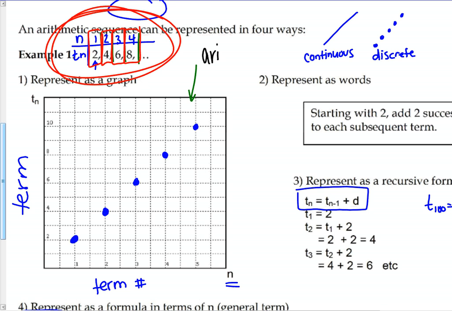Sorry, I lied about turning the page. You can write it on the next page too if you want. Arithmetic sequences are linear because they have a constant rate of change. They're going up by 2 every time. Okay, now I'm done, I swear. Now we can turn.